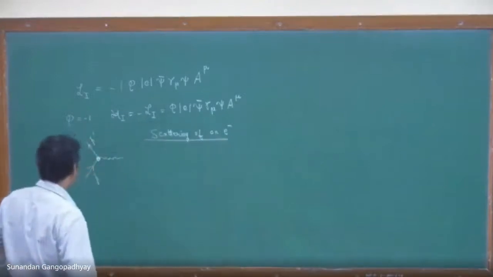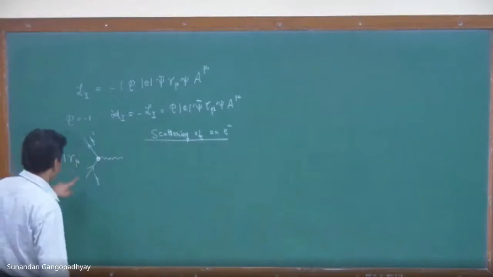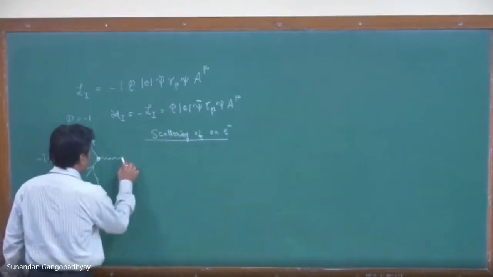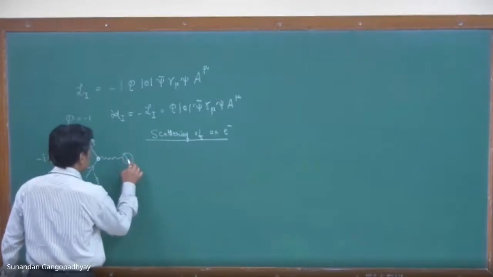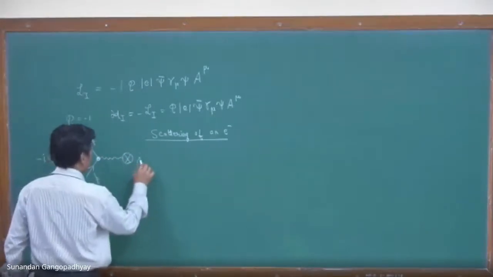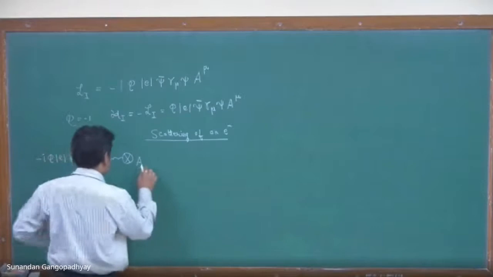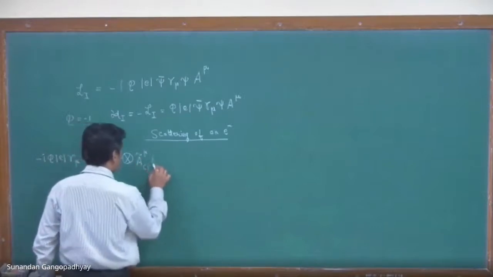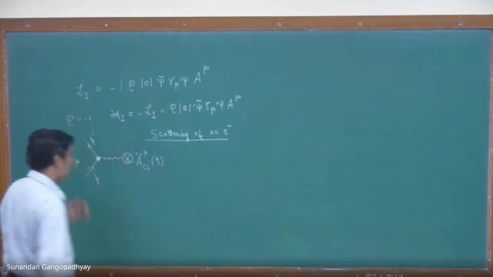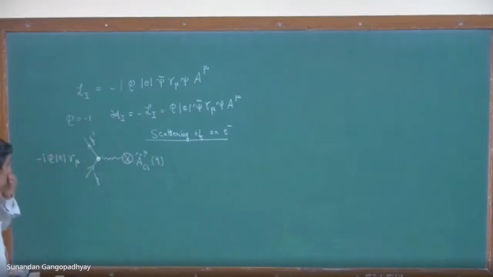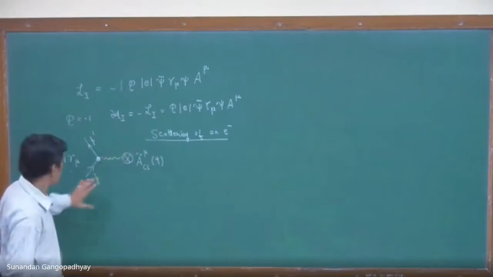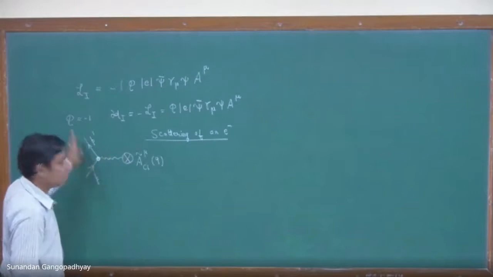So here you see that an electron is coming and it is getting scattered, and here there is a positively charged nucleus, which I denote as a classical field mu. You should remember that since the nucleus is very heavy and it is not moving, it is only the electron that is scattered.